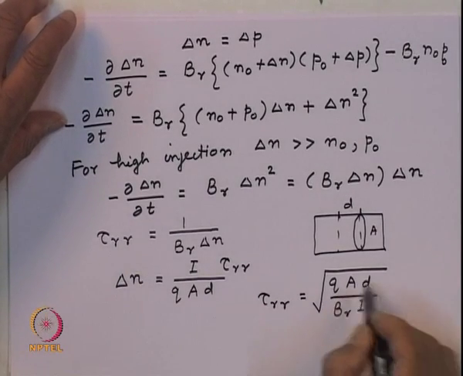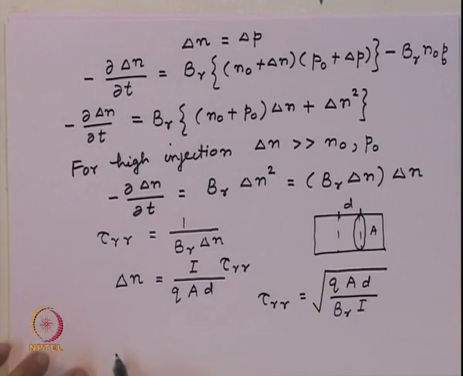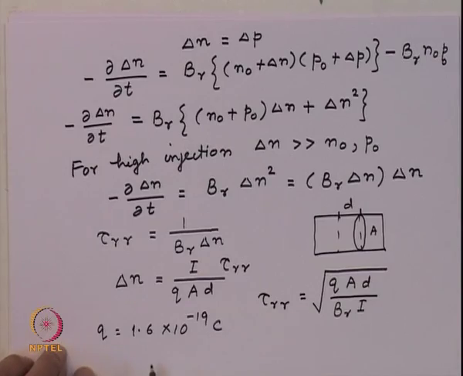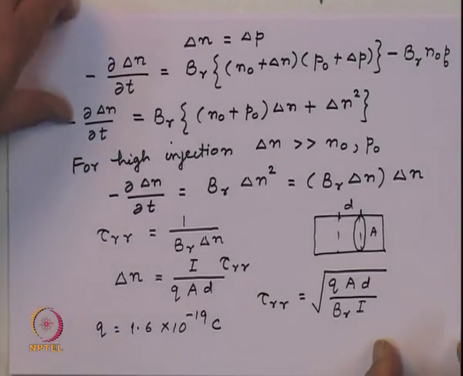Now, all these quantities are given here. The q is the electronic charge, which is 1.6 times 10 to the power minus 19 coulomb. The area of the LED junction is given because it says that the LED has an emitting area of 50 micron diameter.